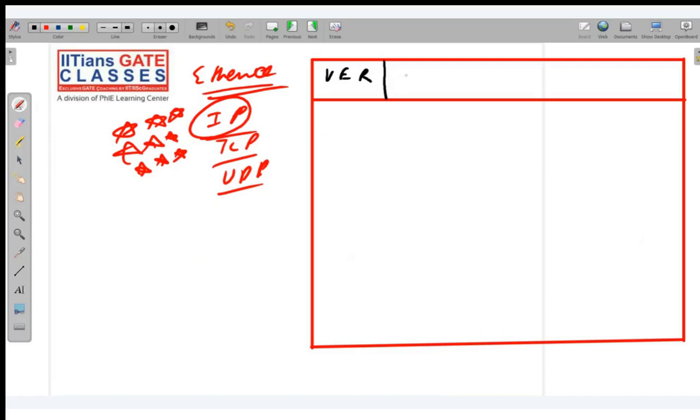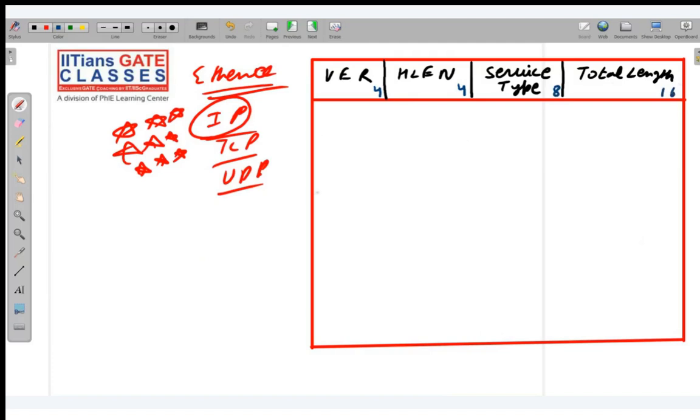Next field is HLEN, that is header length. Next field is service type. Next field is total length. Version is of 4 bits, header length is 4 bits, service type is 8 bits, and the total length field is of 16 bits.